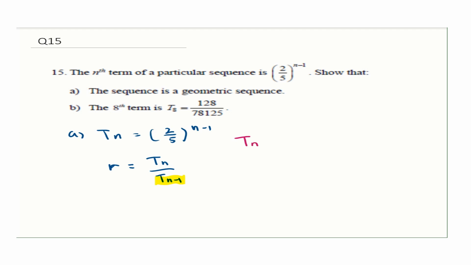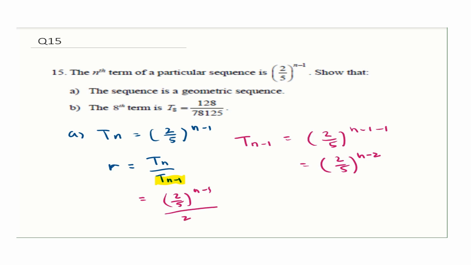So it becomes Tn minus 1 is equal to 2 over 5 power n minus 1 minus 1. So here we get 2 over 5 power n minus 2. Okay, so here the common ratio is 2 over 5 power n minus 1 over 2 over 5 power n minus 2.